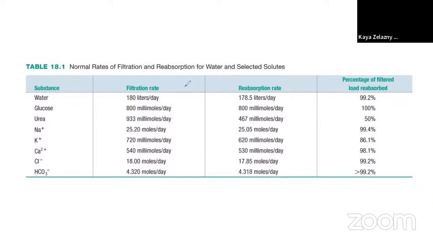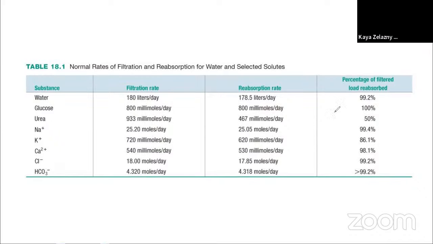Especially, we have a lot of reabsorption of water. More than 99% of our water is getting filtered and then reabsorbed. Another thing we see quite high is sodium reabsorption. Sodium is in your plasma, it's getting filtered into the nephron, and then you're mostly reabsorbing that sodium.